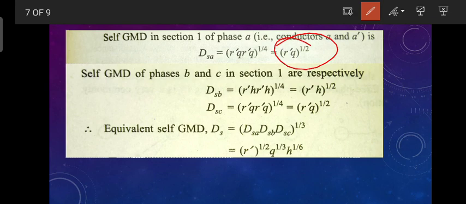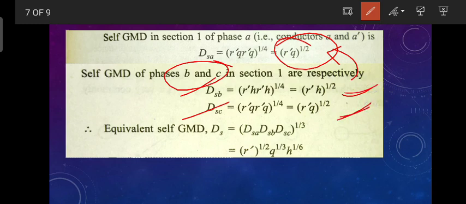So the self GMD of phase B and C, like that in the previous, DSB and DSC, we find that r dash H to the power 1 by 2 and r dash Q to the power 1 by 2. So the equivalent self GMD DS is equal to DSA, DSB, DSC to the power 1 by 3. Those are our self GMD.